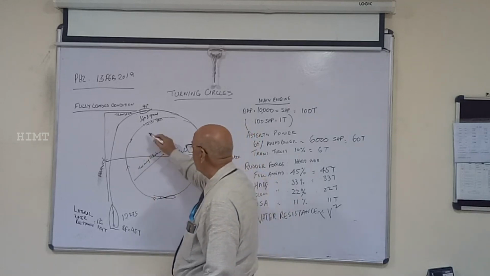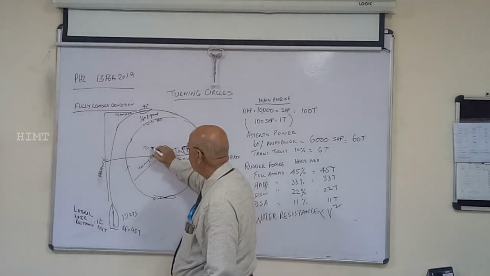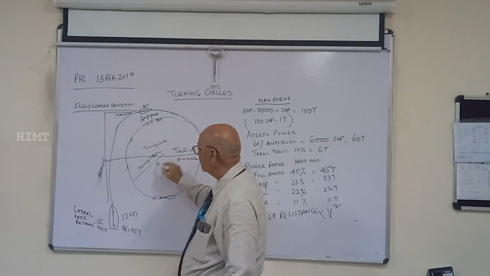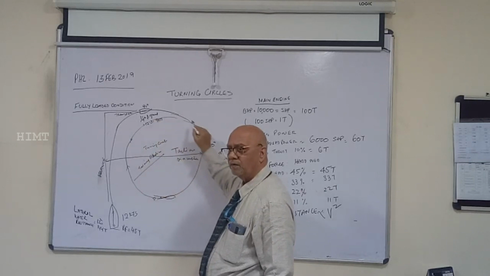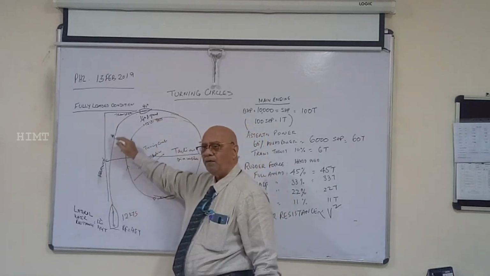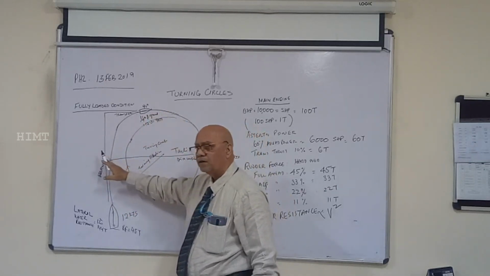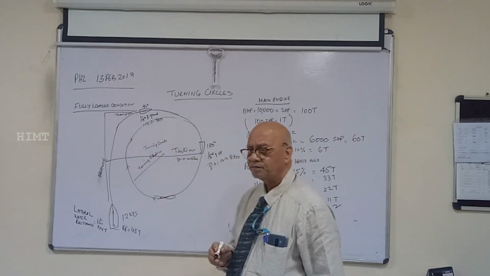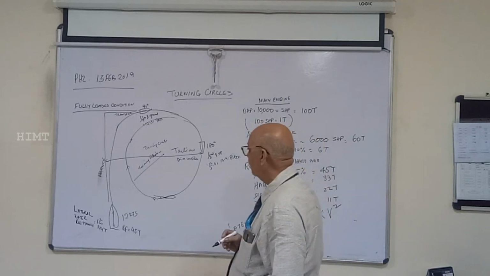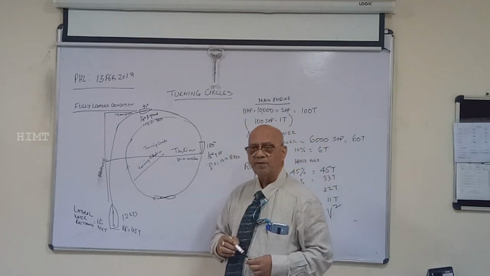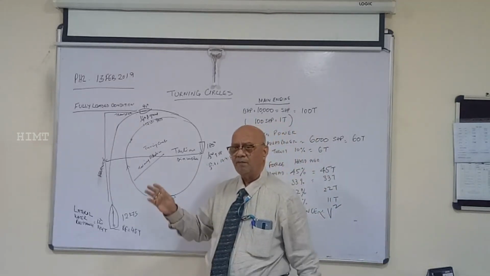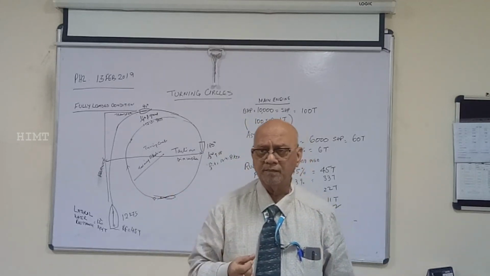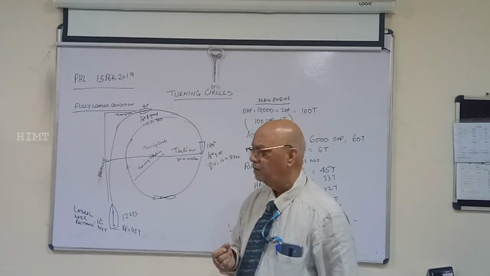So you can call that the turning circle. With this radius you will keep turning here. But initially you will be doing the tactical diameter. Alright? As per the IMO performance standards, the tactical diameter should not exceed 5 ship lengths.